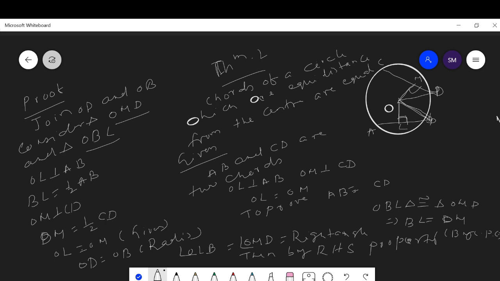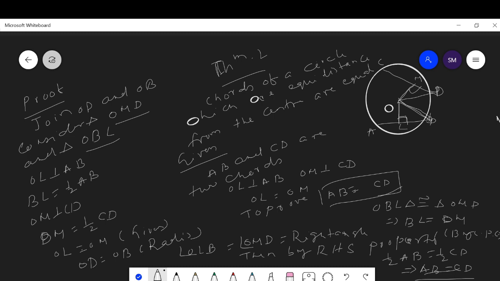And as we know that BL is half of AB and DM is half of CD, half of AB is equal to half of CD, which implies that AB is equal to CD. We have to prove that AB is equal to CD.